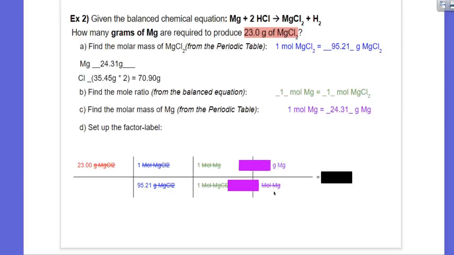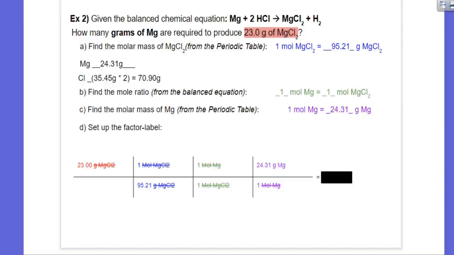Now I'll take my values from that statement. 1 mole is equal to 24.31 grams. So just double checking, all of my units have been canceled, divided by themselves, except for the unit I've been asked for, which is grams of magnesium.